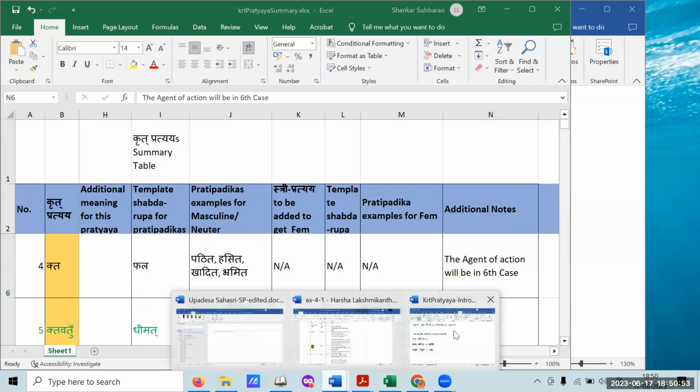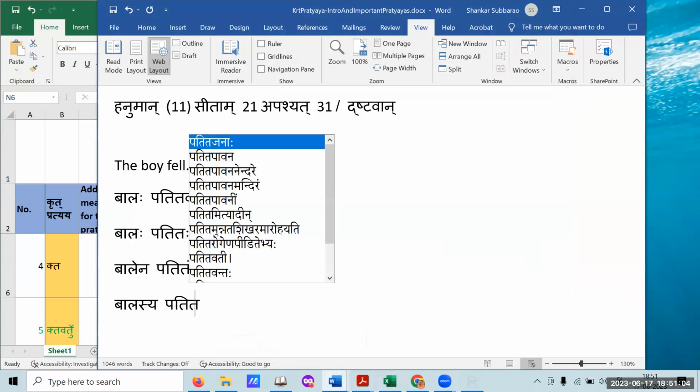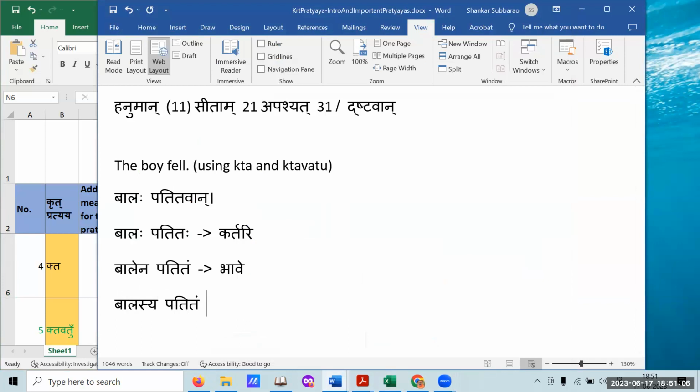So now what has to happen here is, it's not the same meaning. I can say: Balasya patitam hasaniyah.